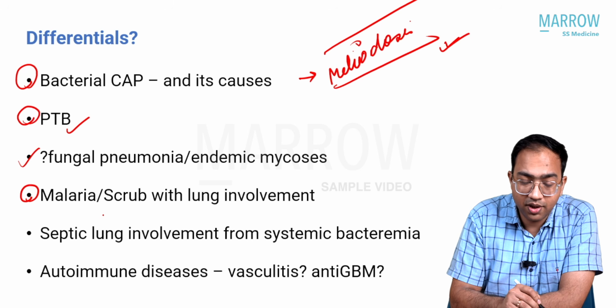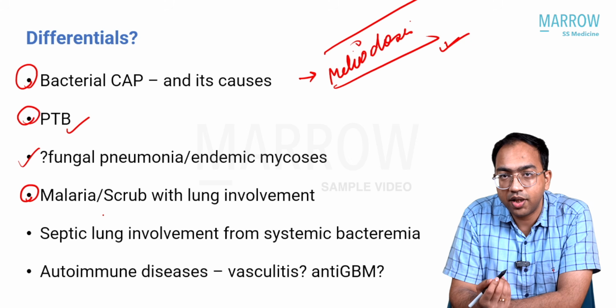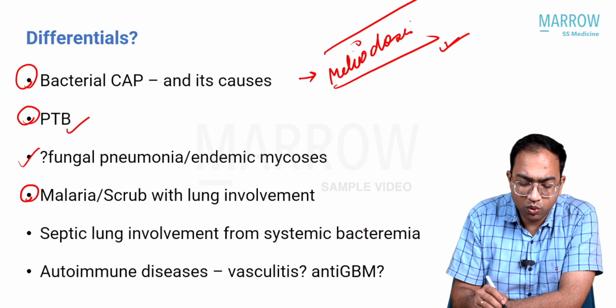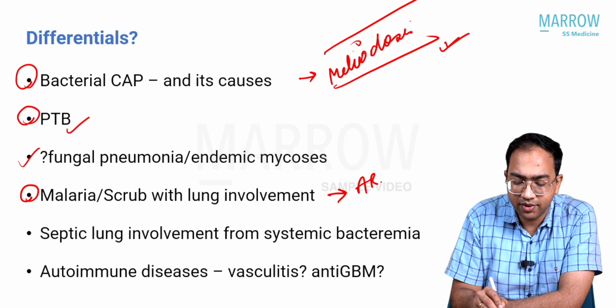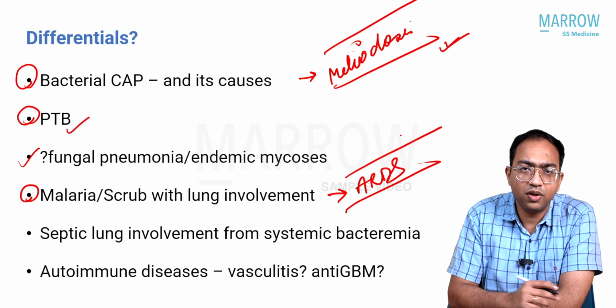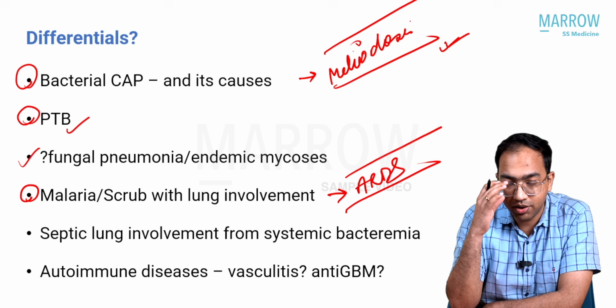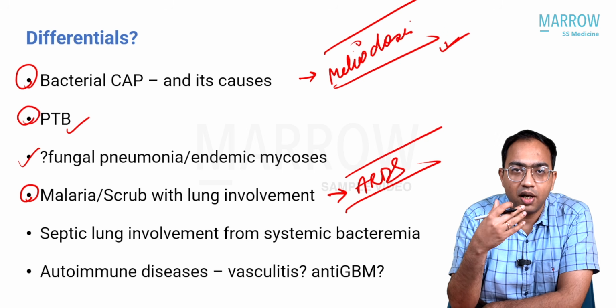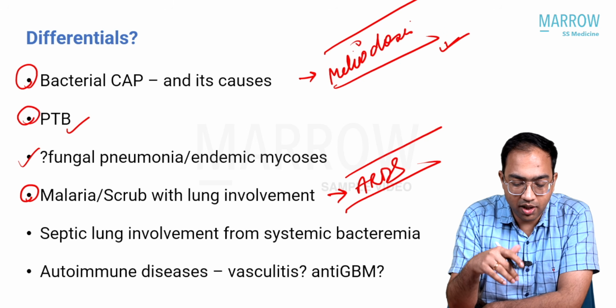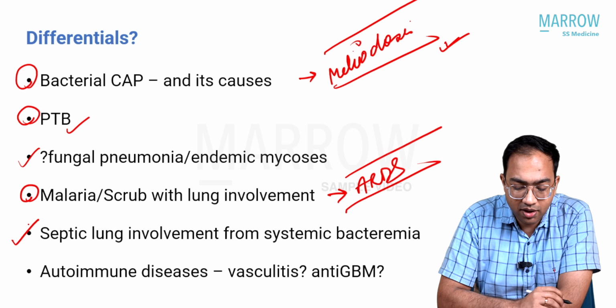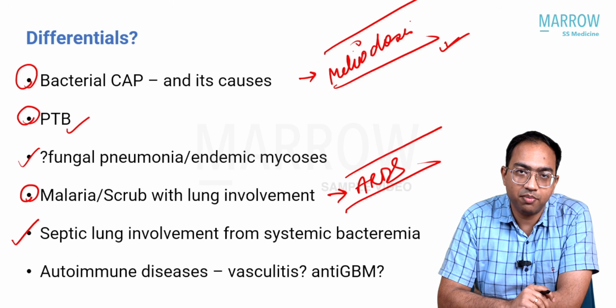Tropical infections can often get complicated with lung involvement, but more often than not they will have an ARDS kind of presentation. They will not be subacute. They would be like high grade fever, suddenly the patient is becoming short of breath, having cough, turns out to be ARDS. Other things like septic involvement of the lung from systemic bacteremia.